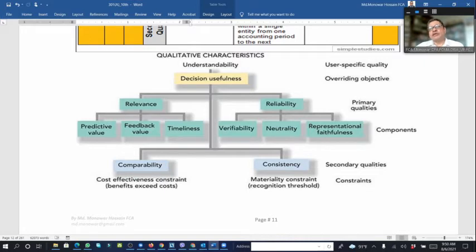Its secondary qualities are that it should be comparable and consistent, and there is also the cost-effectiveness constraint. That means we are always using cost-benefit analysis, and the materiality constraint, that is recognition, how much money we should recognize. So these are the qualitative characteristics of financial data.